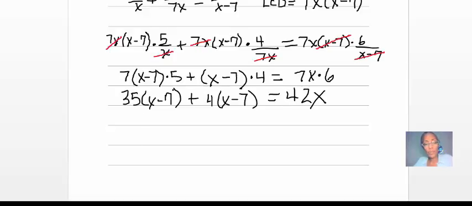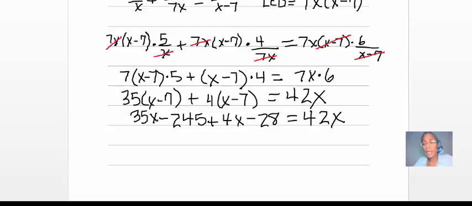So I'm going to use the distributive property. 35 times x is 35x. 35 times negative 7 is negative 245. 4 times x is 4x. Plus 4 times minus 7 is minus 28.